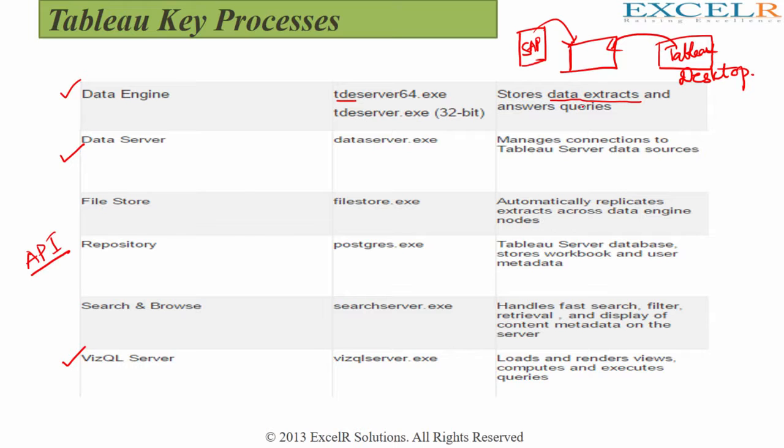And this data engine is multi-threaded. When I say multi-threaded, I mean that this particular data engine process can handle multiple requests at a time, as opposed to our cache server, which is single threaded, and also our background process is single threaded.